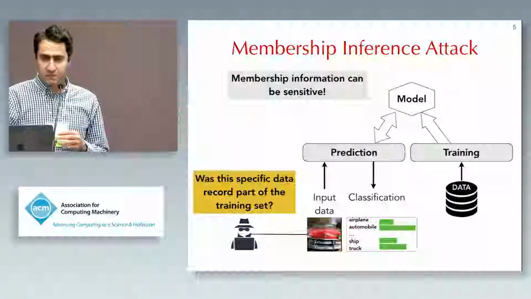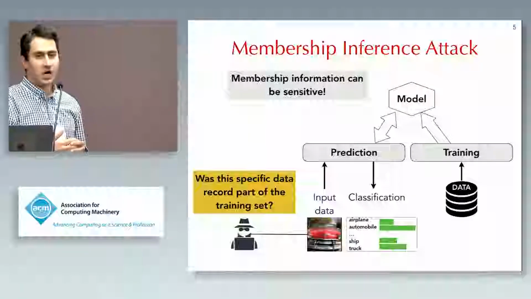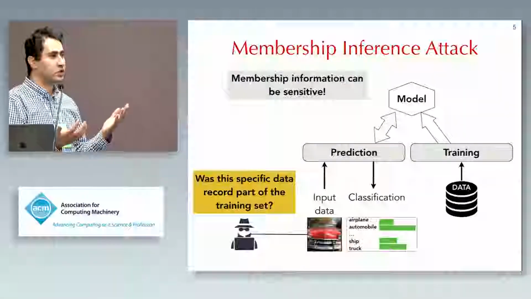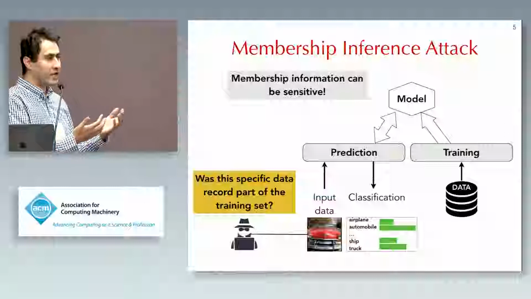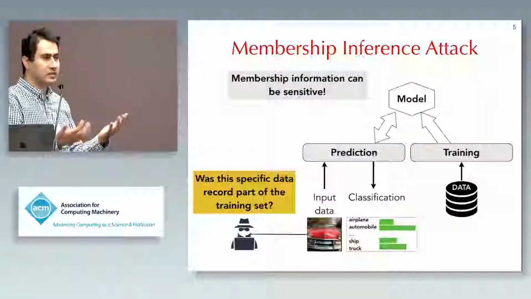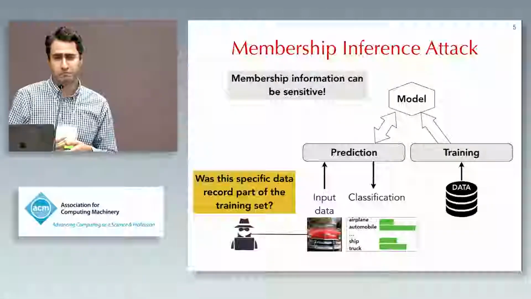And this could be bad for different reasons. Suppose that you've trained your model on data records from people with a particular disease, let's say some kind of cancer. If I learn that your data record has been part of the training data set, then it leaks to me, and it exposes to me, that you have that kind of disease, right?